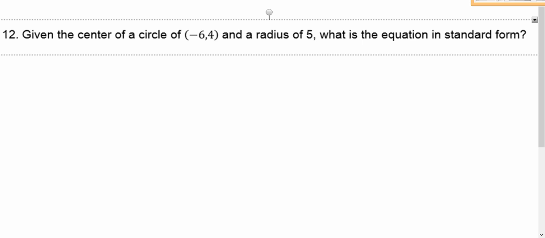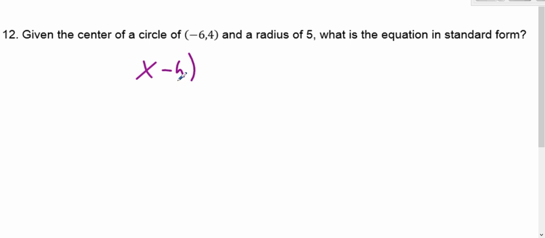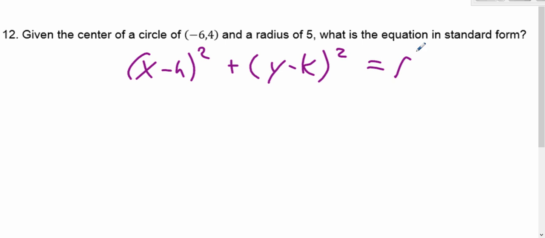So we know the center of the circle and the radius. We just need to write the equation. The equation of a circle is x minus h squared plus y minus k squared equals r squared. You fill in h, k, and r.